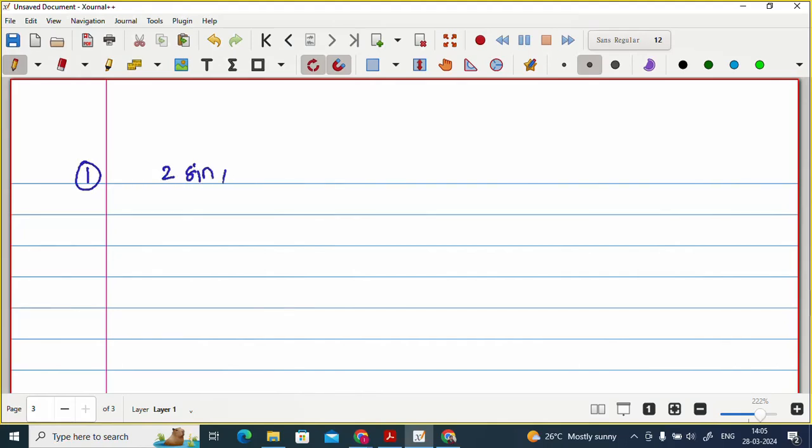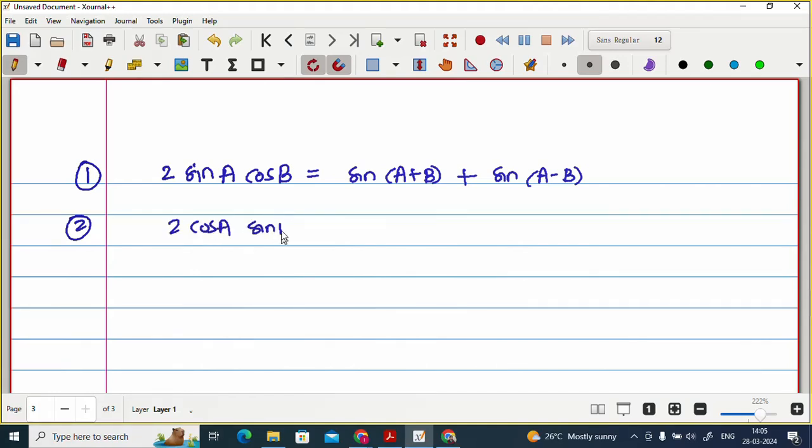2 sin a cos b. So what is the formula? It is sine of a plus b plus sine of a minus b. Second, 2 cos a sin b is equal to sine of a plus b minus sine of a minus b.